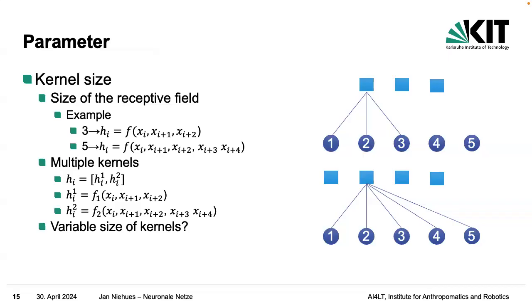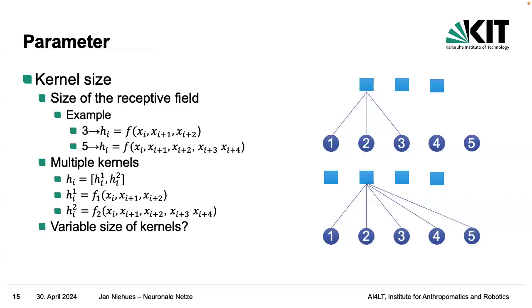You can, of course, stack things now, and then you can increase your receptive field. So your H can now easily be input to the next convolution, which will be maybe again size 3. So you would put H1, H2, and H3 into a new one, which gets you K1 or so.